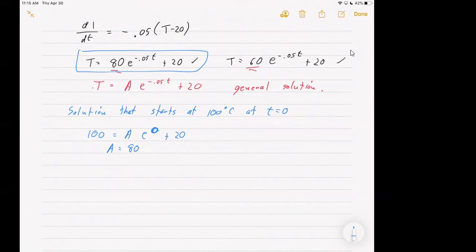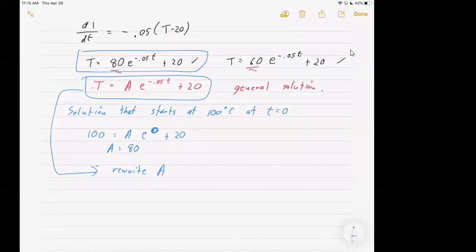All right, so our general solution looks like this, but if we're clever, we can rewrite a. No matter what the case is, let's call this T initial, the temperature when the time is 0.